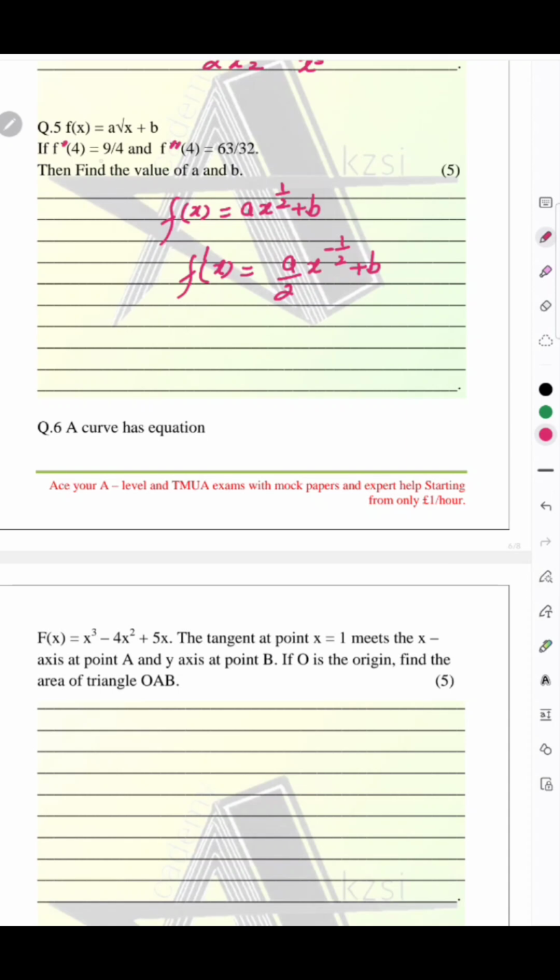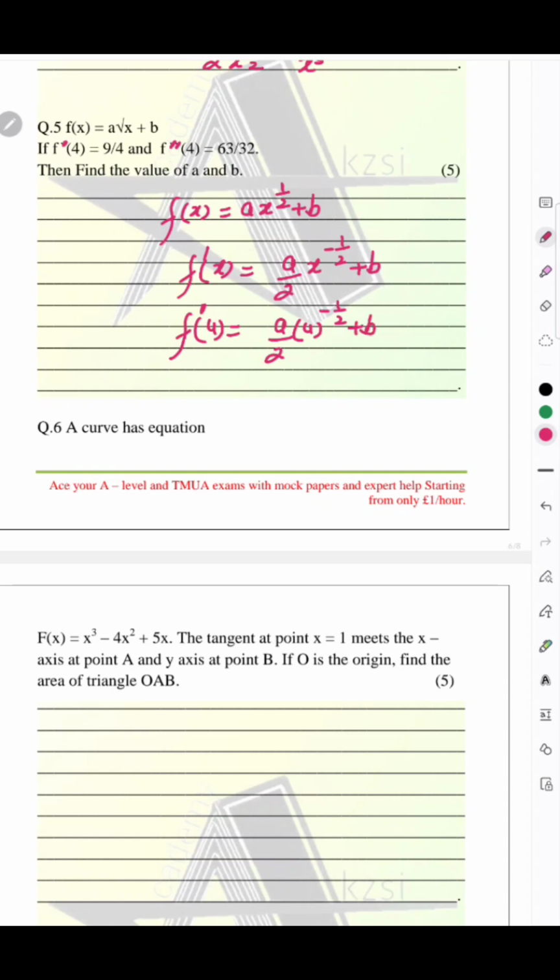And it says f dash 4 is 9 over 4. That means when I differentiate this one and substitute x equals 4, my answer will be 9 over 4. So f dash 4 means I need to replace x with 4 plus b.